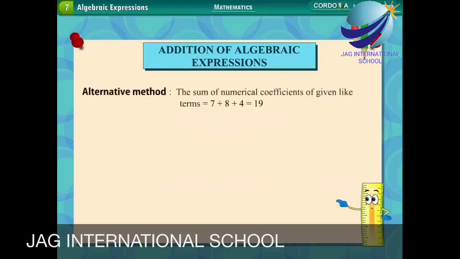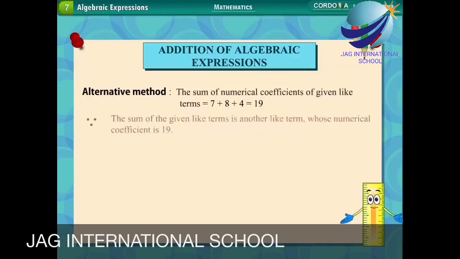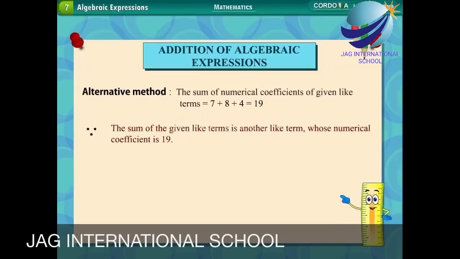The sum of numerical coefficients of given like terms is equal to 7 plus 8 plus 4, which is equal to 19. Since the sum of the given like terms is another like term, whose numerical coefficient is 19, hence 7ab plus 8ab plus 4ab is equal to 19ab.